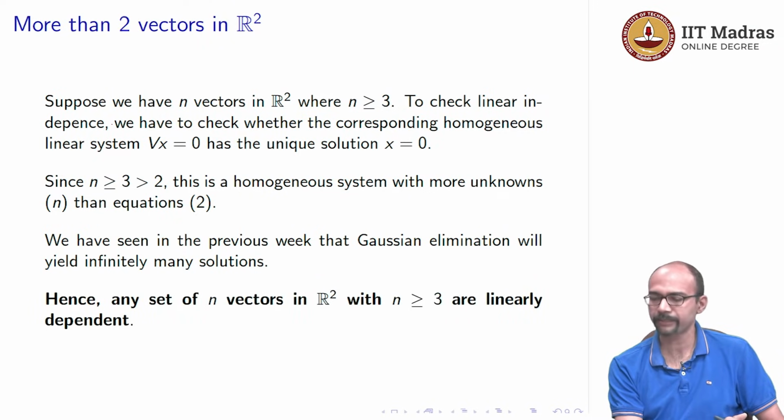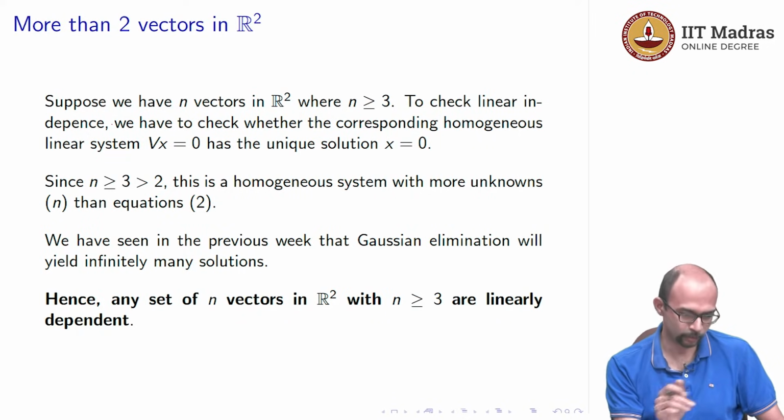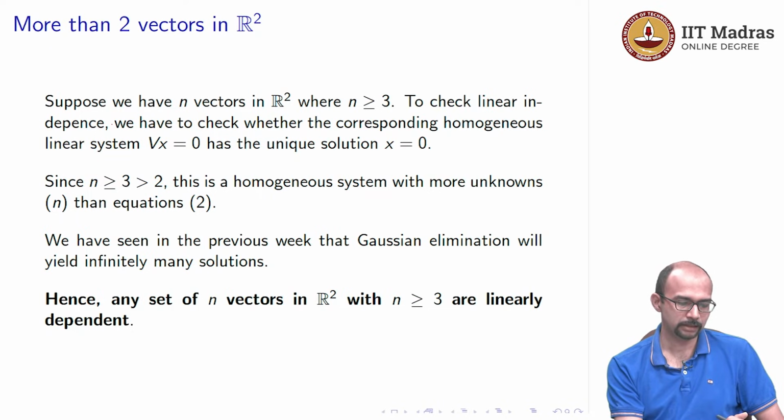So, any set of n vectors in R2 where n is at least 3, so you have 3 vectors or 4 vectors or 20 vectors or 100 vectors, that is going to be a linearly dependent set of vectors. Okay, that is the conclusion. So, if you have either a single vector or 2 vectors in R2, only then do they have a chance of being linearly independent. More than 2 vectors, it is always going to be linearly dependent.